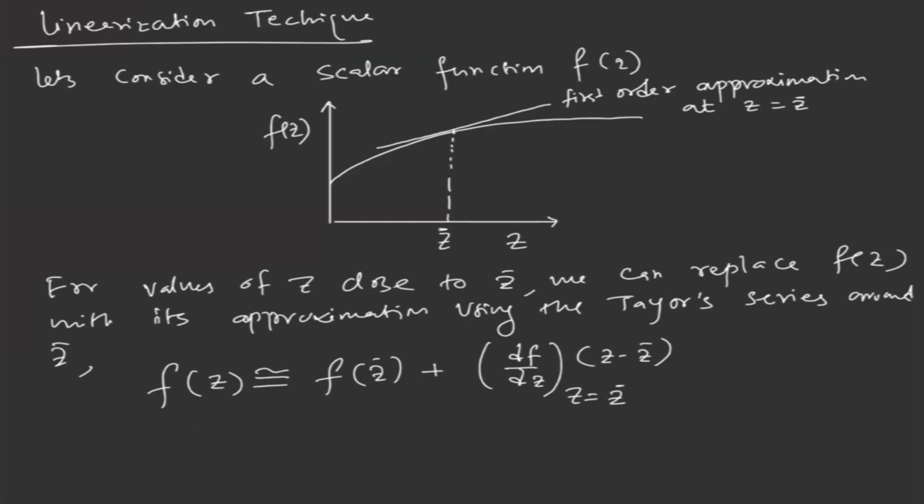This is basically a first order approximation around z bar. The main concept of this technique is how the system is going to evolve around this equilibrium point or reference point z bar.